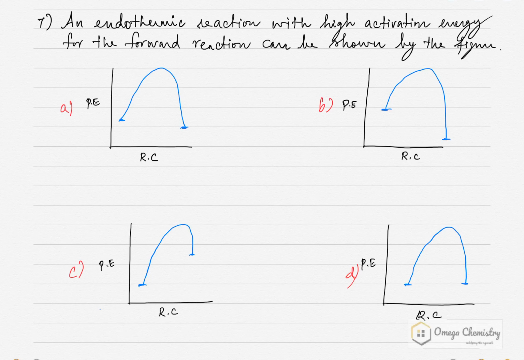So this third graph satisfies that, because it has a very high activation energy, and this is the energy difference between the reactants and products, which means option C is the right answer.